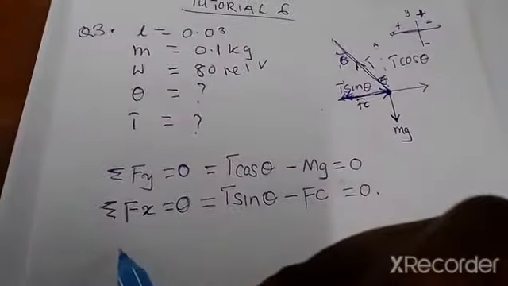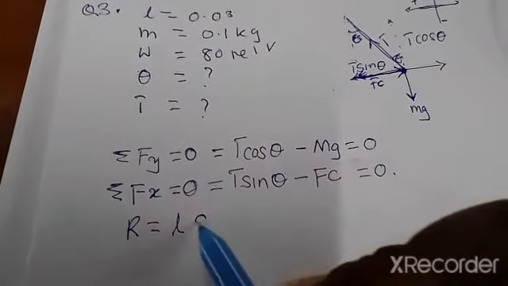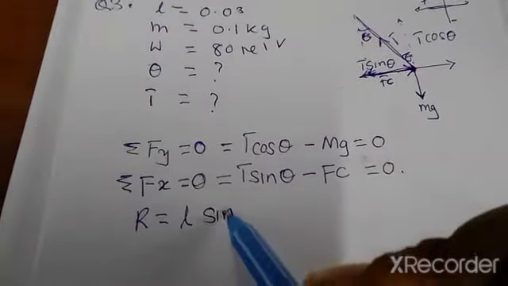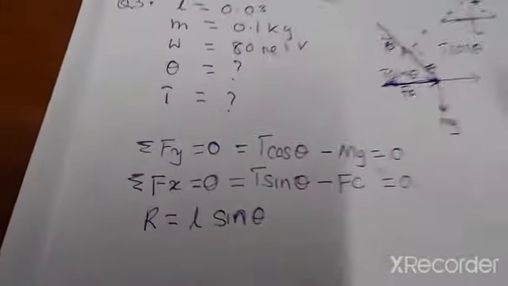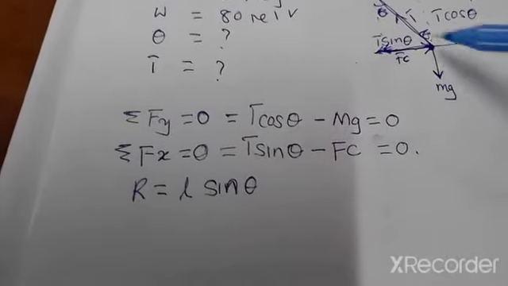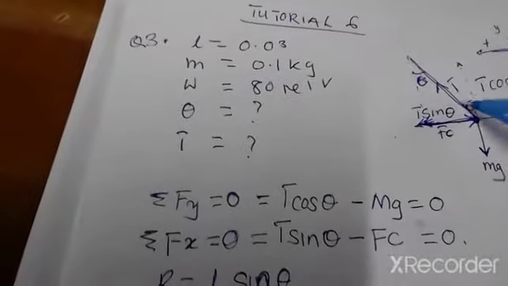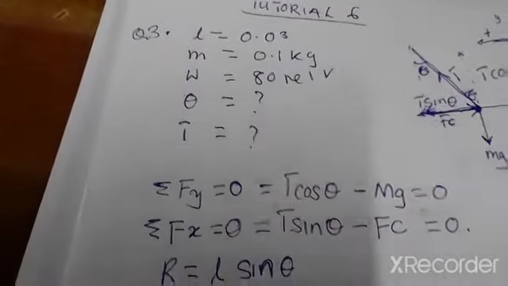From trigonometry, we can say that the radius of this circular path is equal to L sine theta, the same theta that we have here. That's what we're dealing with.